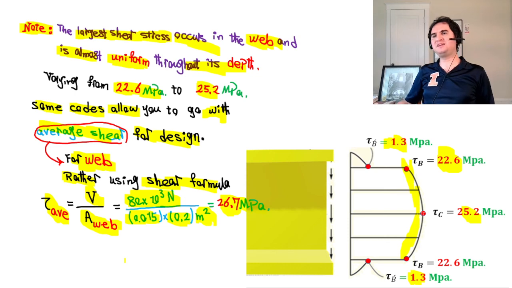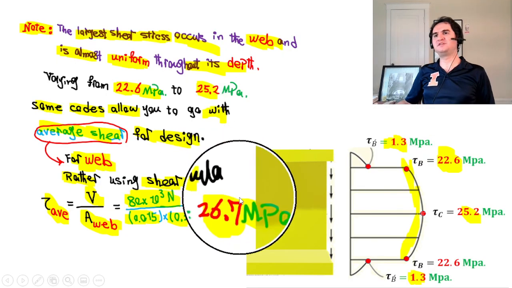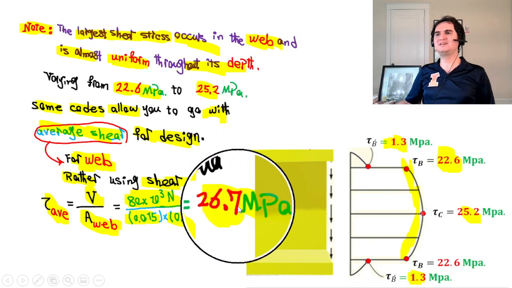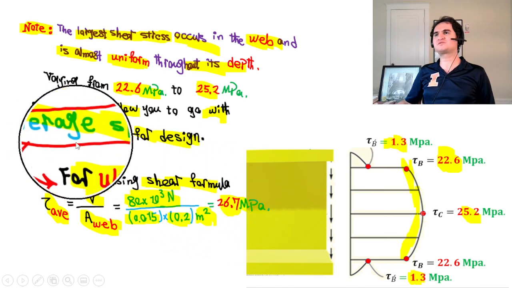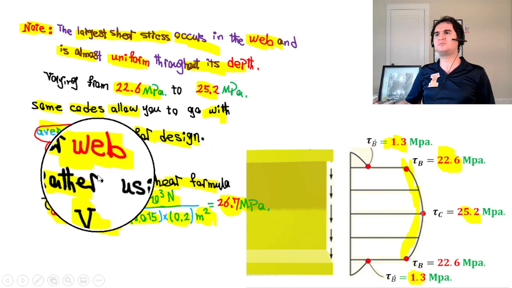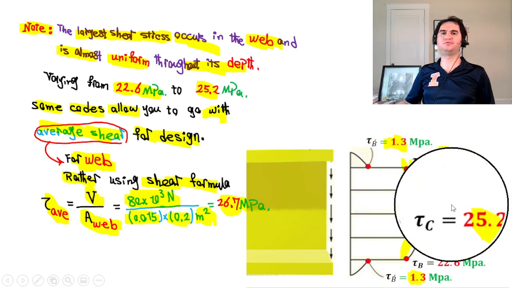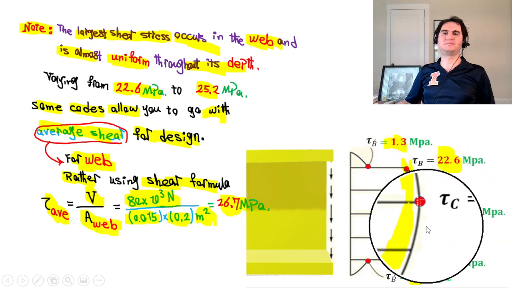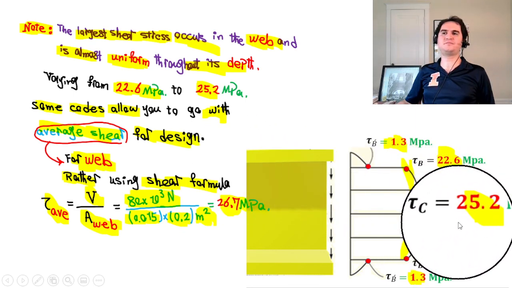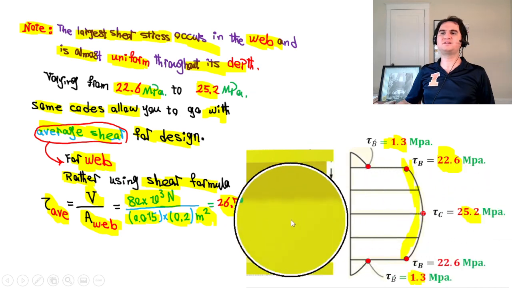And if you make a comparison between 26.7, which simply comes from the average shear in the web, and the maximum shear of 25.2, they are very close to each other.